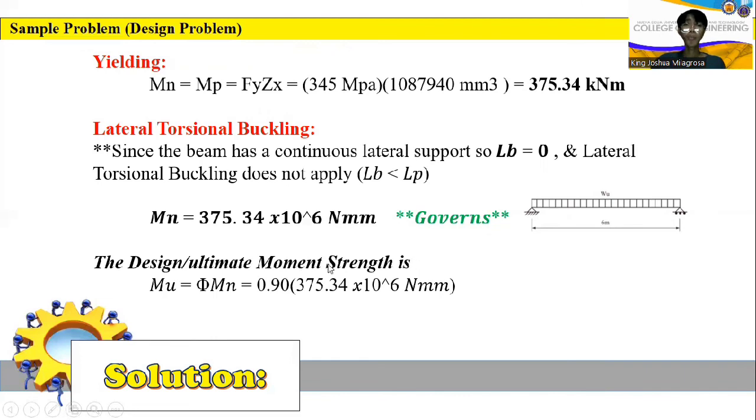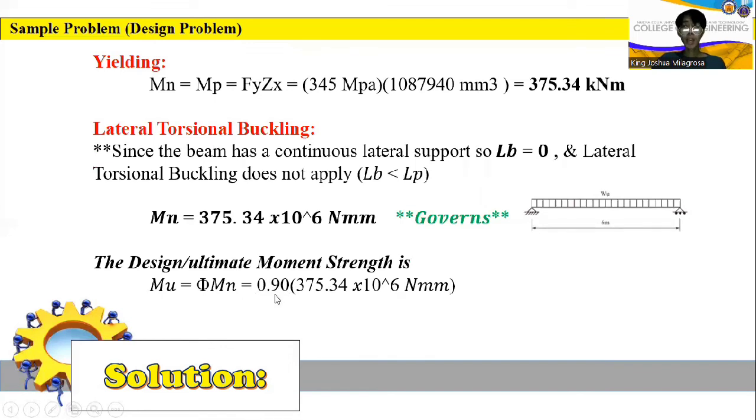Then, the design ultimate moment strength is, so, ito na yung gagamitin natin. So, ultimate moment na natin ngayon is equal na sa reduction factor multiplied by the MN. So, yung reduction factor natin, guys, dito is equal yan sa 0.90.